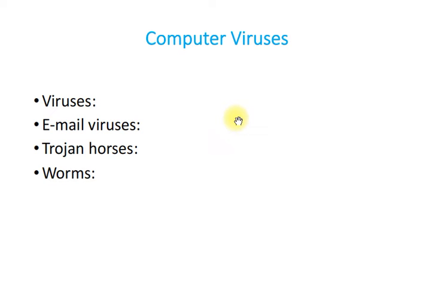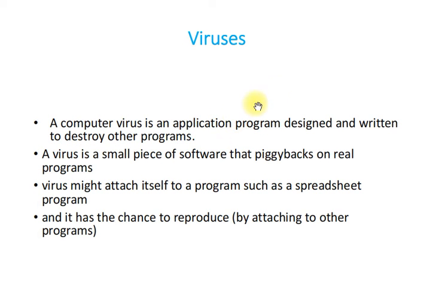Okay, so we have what we call computer viruses. So understand what they are and the different types that are there. So a computer virus is an application program designed and written to destroy other programs. So we talked about programs already in our introduction video. So any application program that gets to destroy other programs or affect them is what we're calling a virus.